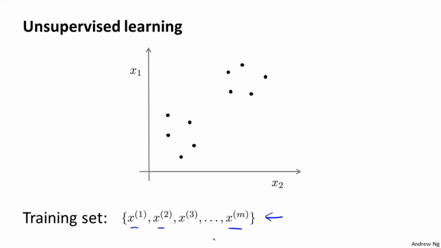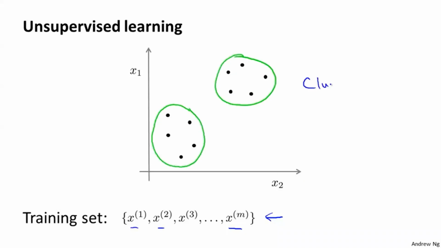So in unsupervised learning, what we do is we give this sort of unlabeled training set to an algorithm, and we just ask the algorithm, find some structure in the data for us. Given this data set, one type of structure we might have an algorithm find is that this data set has points grouped into two separate clusters.